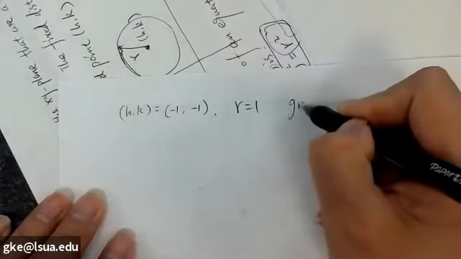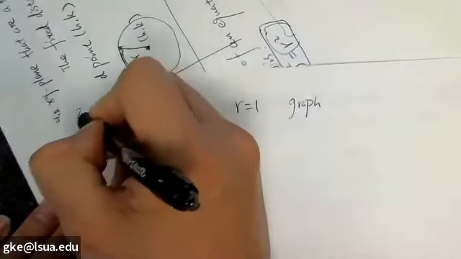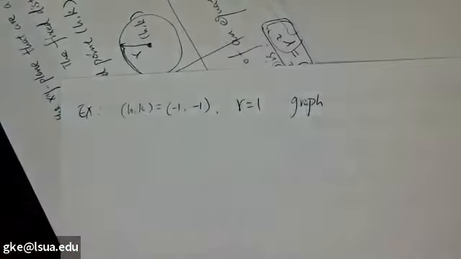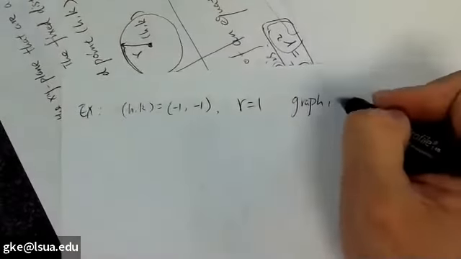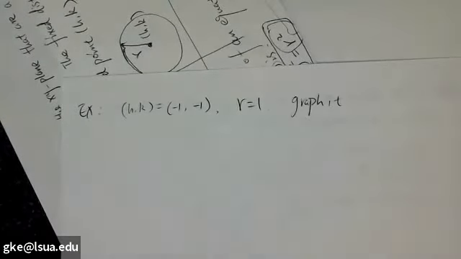Now graph it. Write down the circle equation and then graph it. Okay, try it. And this will be our last example.